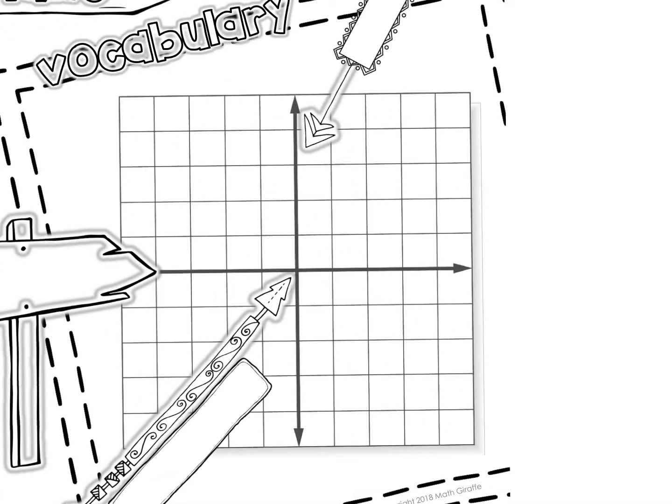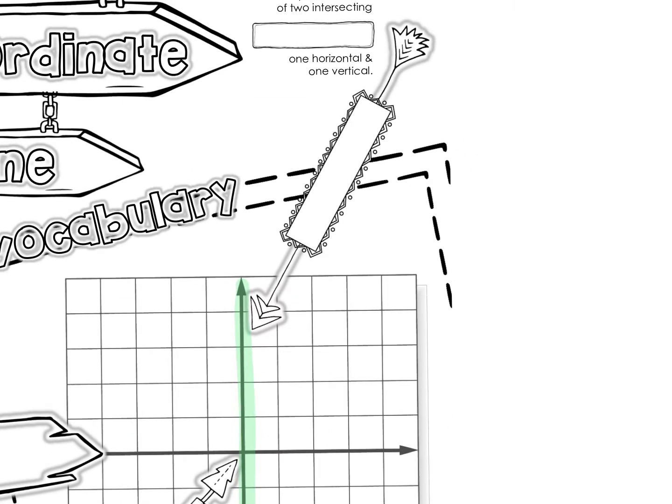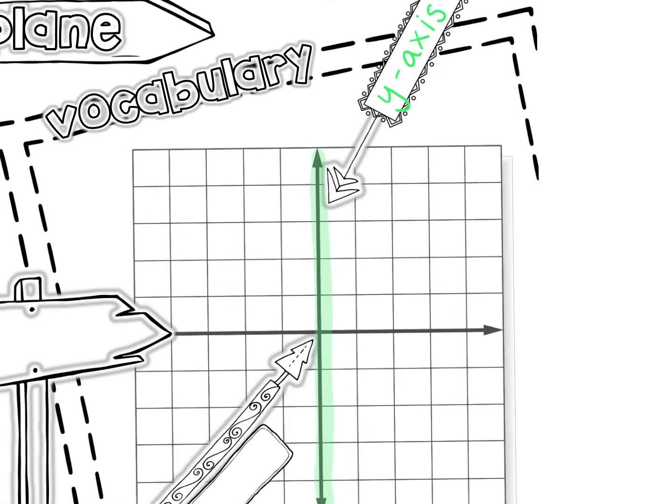Please pick a colored marker and let's highlight this line right here. This is a line that's called the y-axis. It's vertical. So please write y-axis. The other line is horizontal.